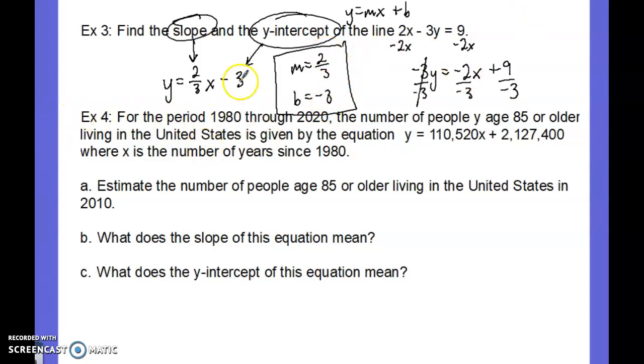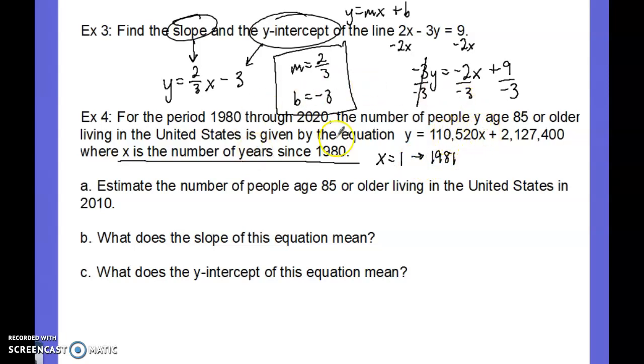Okay, so exercise 4, pretty straightforward if you ask my opinion, but notice that x in the problem is representing the year since 1980. So if we write x equals 1 in this equation, it's referencing 1981.